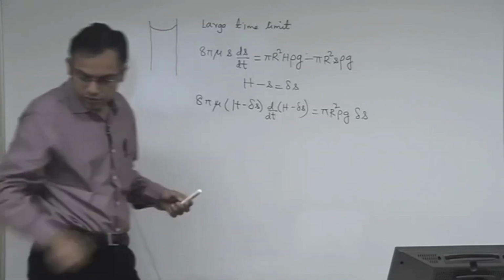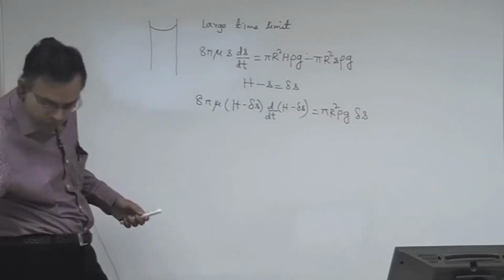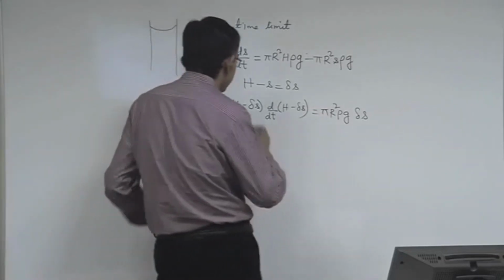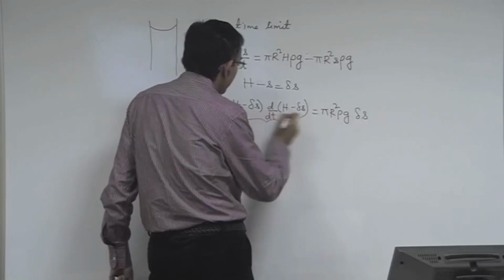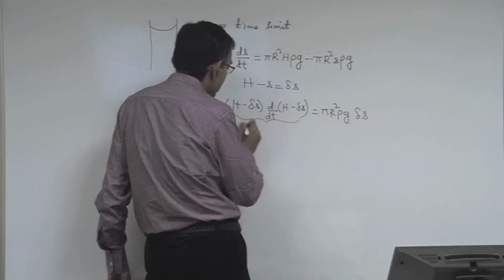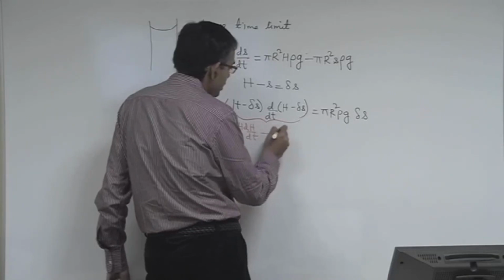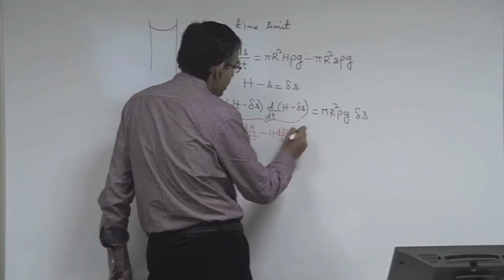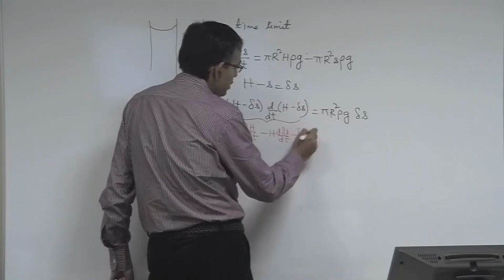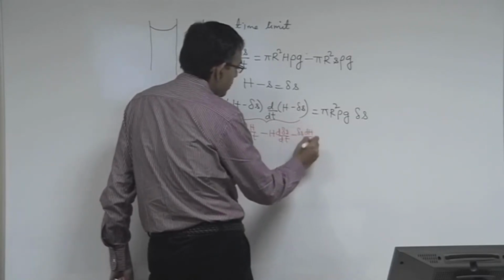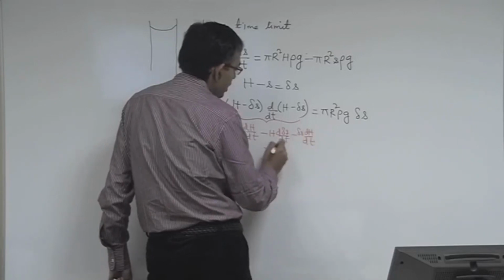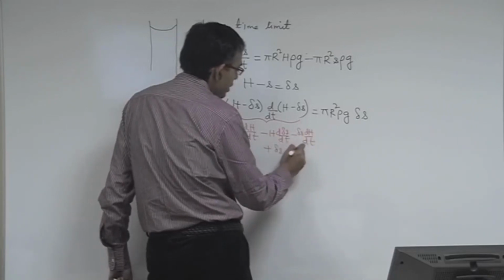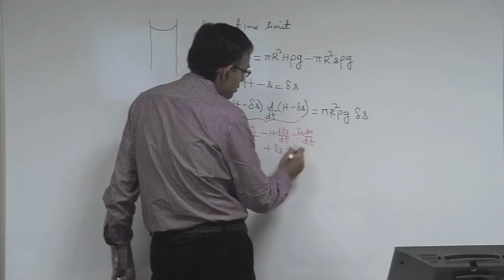Now one can work this out: that is H dH dt minus H d delta S dt minus delta S dH dt plus delta S d delta S dt.